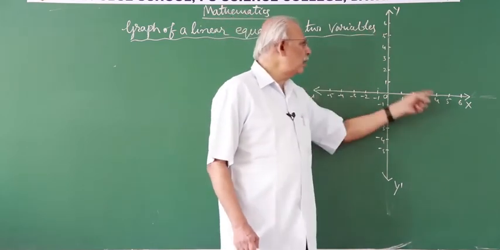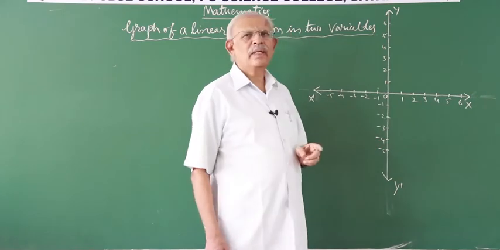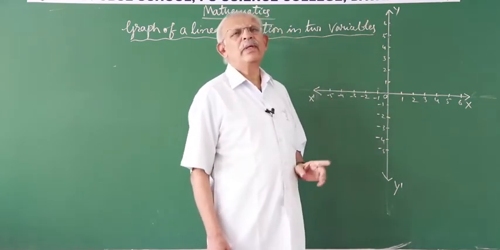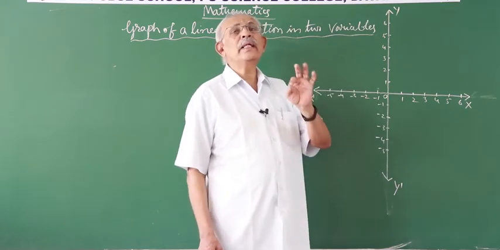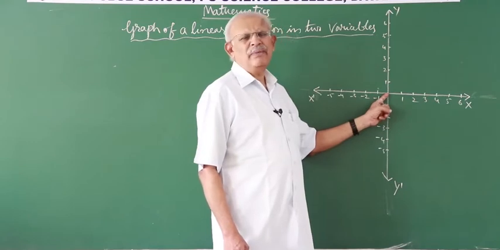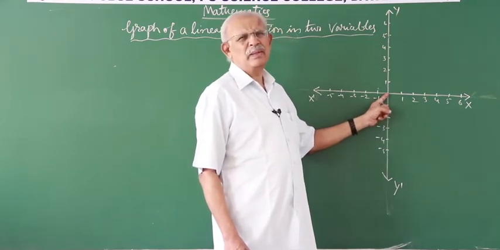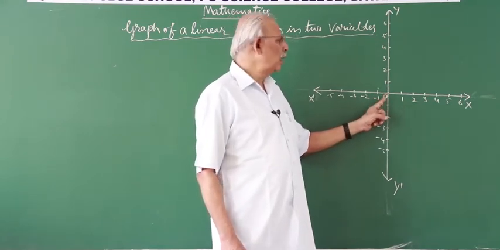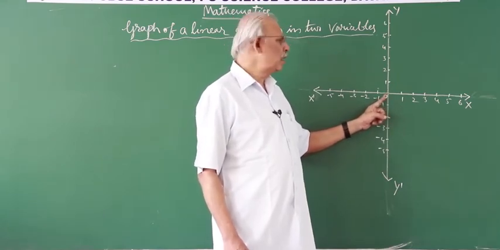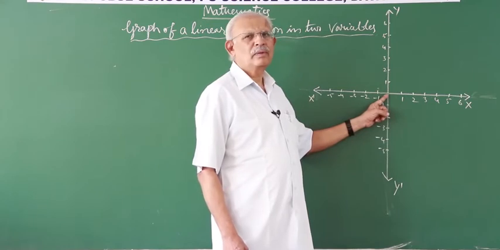This is horizontal and this is vertical. And on the horizontal line and on the vertical line, we have marked points at equal distances. Here, the point of intersection of the two perpendicular lines is called the origin. Its coordinates are 0, 0. Generally, it is denoted by O.